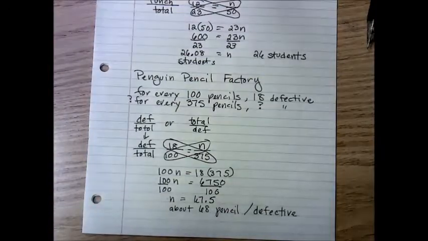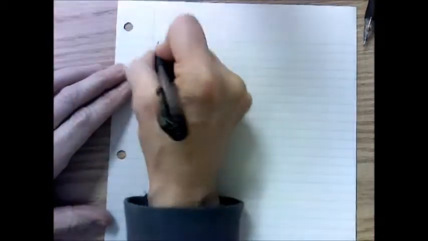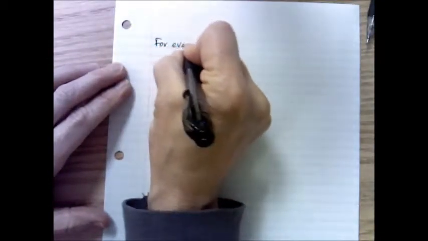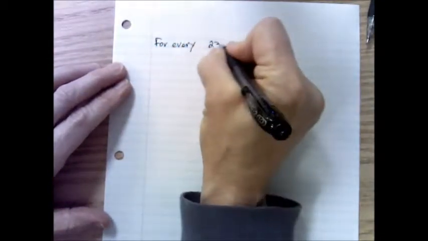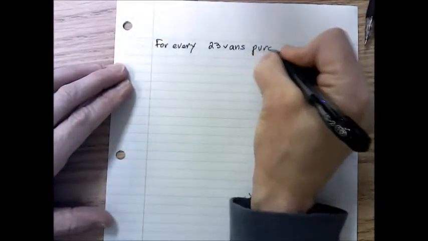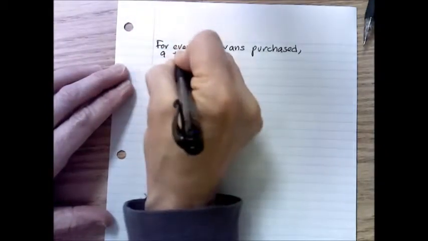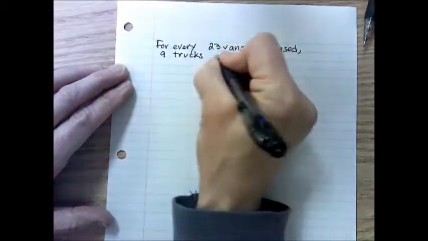All right. Let's talk about purchasing vans and trucks. One day you might be buying your own automobile. So let's say for every 23 vans that are purchased, 9 trucks are purchased.